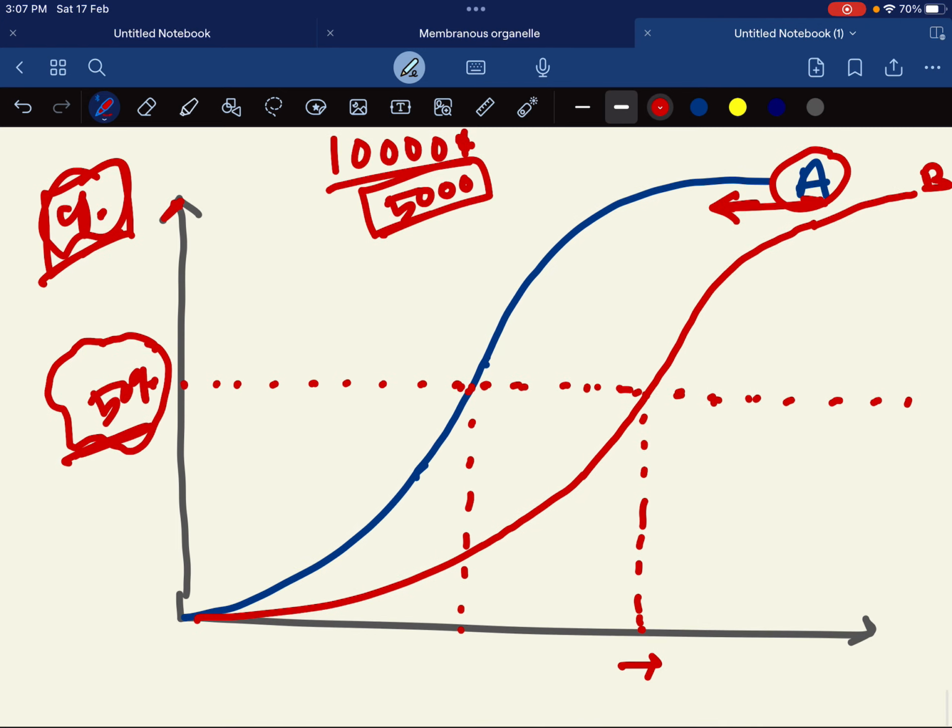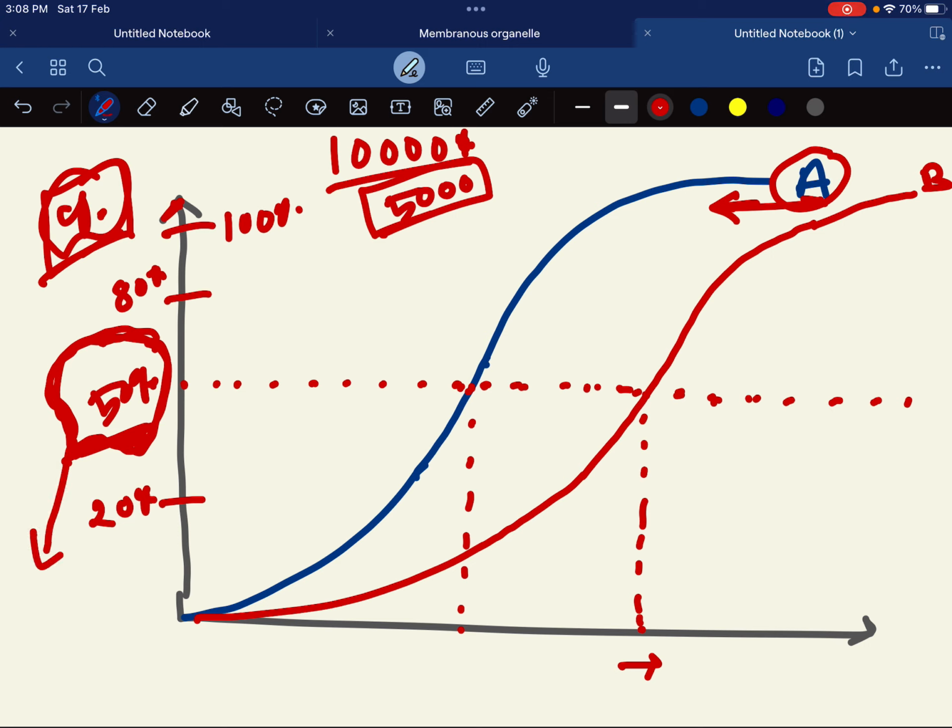You can use 20% as your data. You could use 80%. You could use 100% also, but why are we using 50%? That is the question. Basically this can be called a convention.